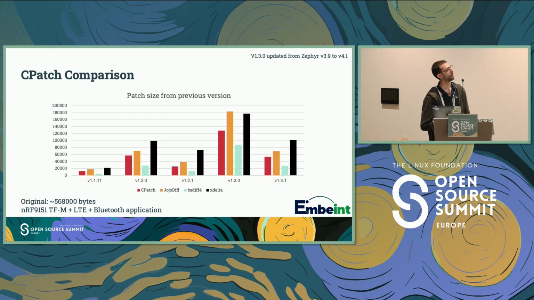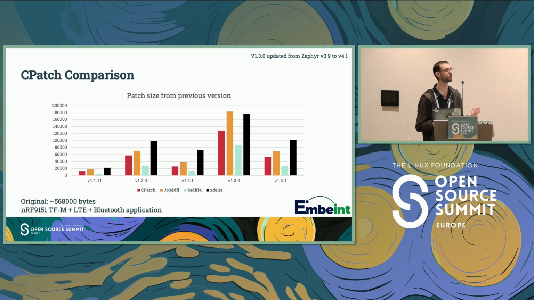So how does this compare against the other options which are available? So this is essentially generated patch files for different algorithms for updating a given application across multiple versions. The application itself is quite complex. It's a NRF 9151. It's got trusted firmware M. It's got LTE libraries.